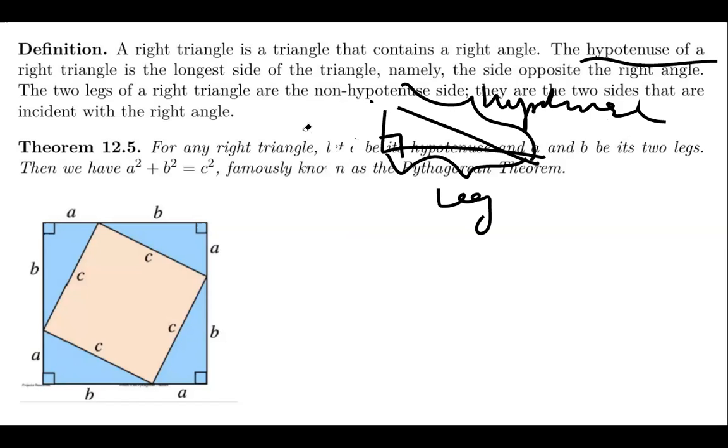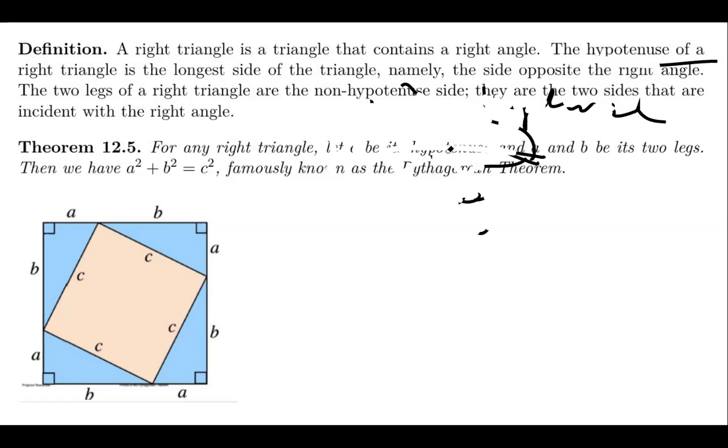So let's talk about the Pythagorean theorem real quick. For any right triangle, we have that a squared plus b squared equals c squared. And we'll just quickly do a proof of this.